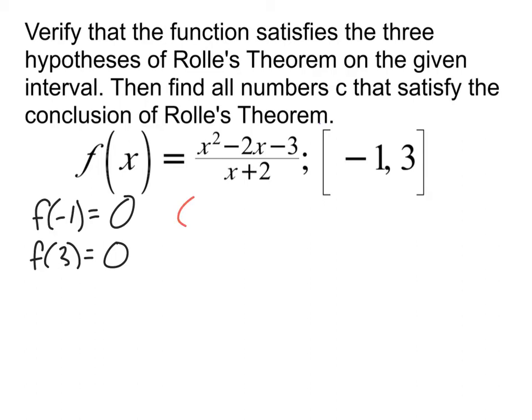So that would give me adding to a -2, multiplying to a -3. Yes, it is possible to factor that. It gives me x minus 3 and x plus 1. And that's still all over the x plus 2. So now seeing it factored, can I cancel anything out of both top and bottom? No. That is sad.